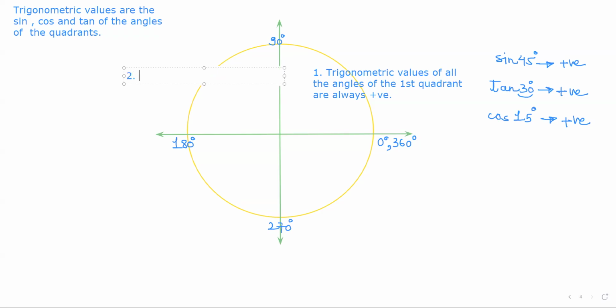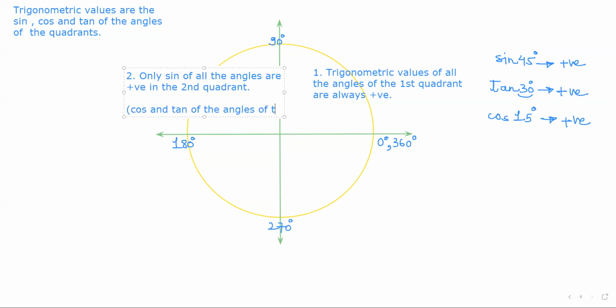In the second quadrant, only sine of all the angles is positive. ठीक है? यहाँ पे the inference which we can draw from this statement is that cos and tan of the angles of the second quadrant are negative.